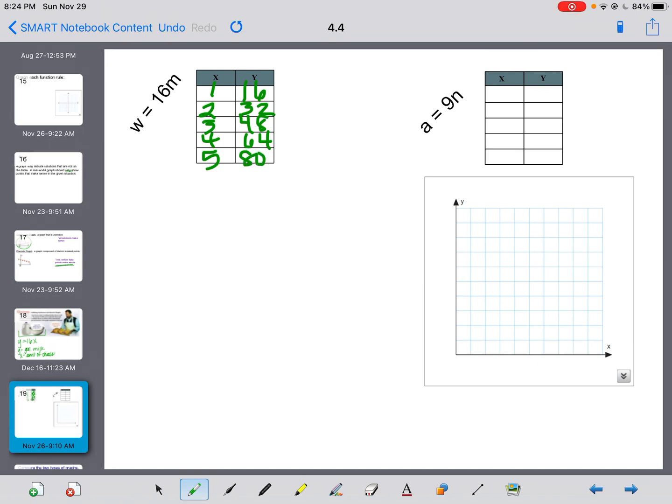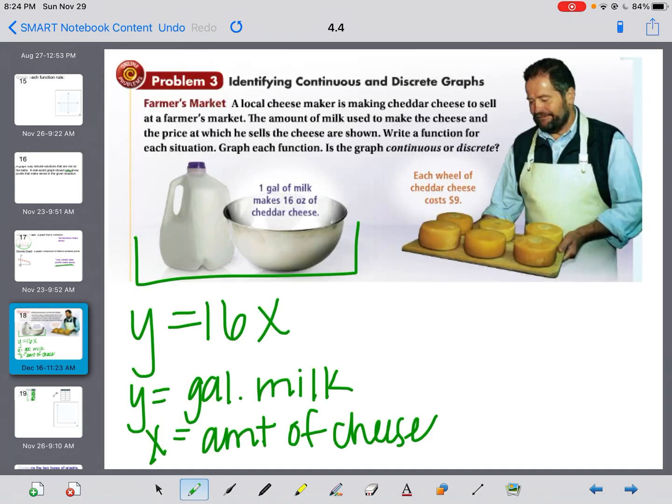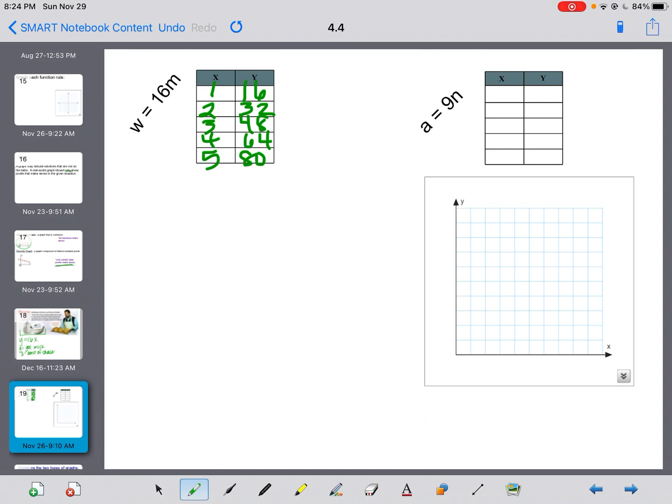Okay, now to decide if I need a continuous or discrete graph, is it possible that instead of using the full 16 ounces, or the full gallon of milk, I maybe only use half a gallon? Or a quarter of a gallon, or anywhere in between? Yes, it's possible.